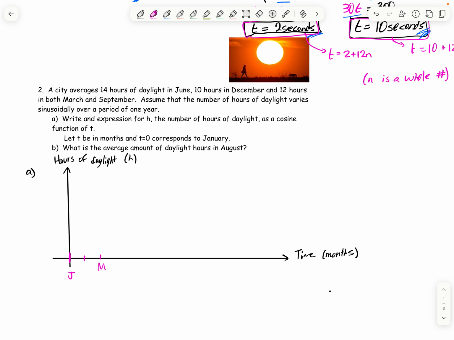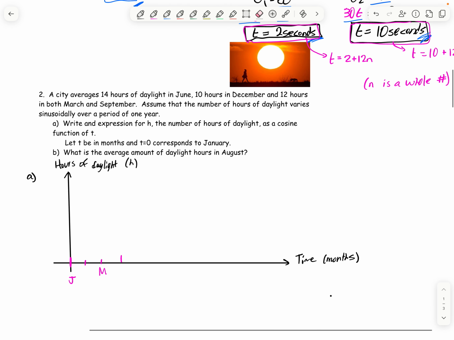I'm breaking up into quarters strategically, because that's when my function has those key points, like the midline, max, midline, minimum, and so on. So every 3 months something's happening. So January, February, March, April, May, June.